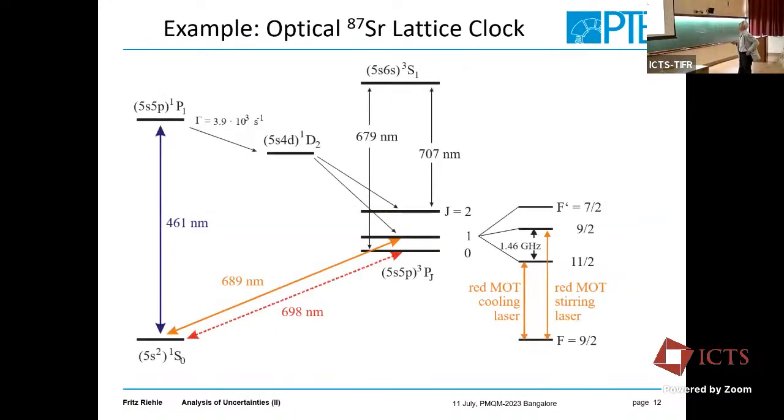So, an optical strontium lattice clock. Let's briefly talk about this, because many experiments are done in India also with this. So you have a ground state, singlet S0, and the first excited state in the singlet system would be singlet P1.